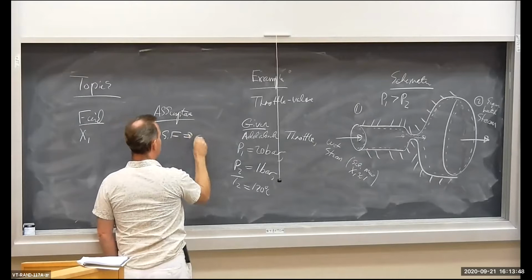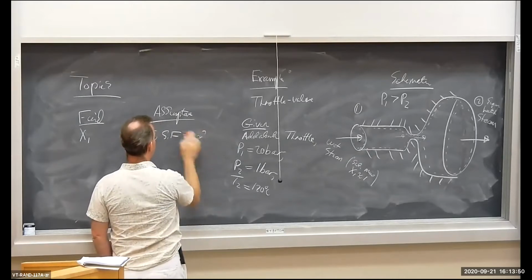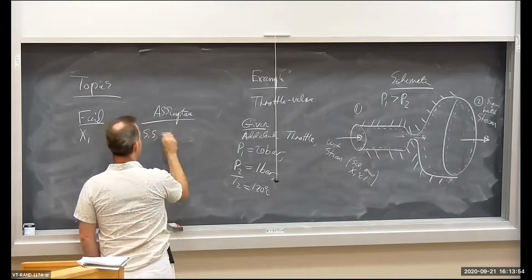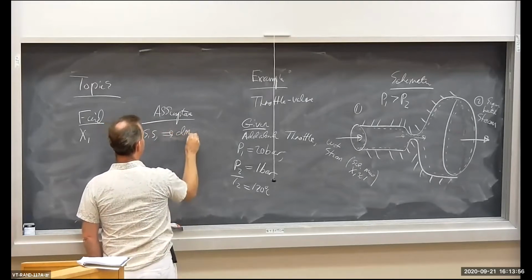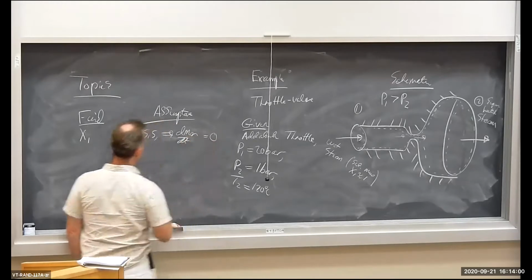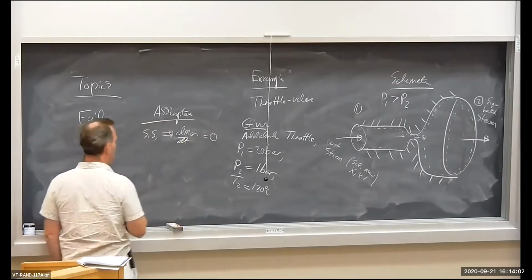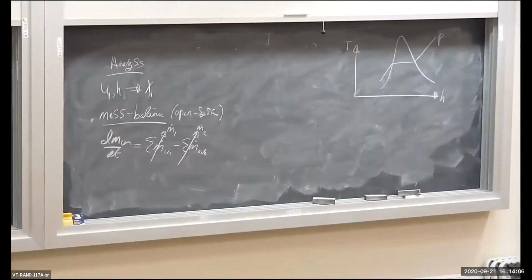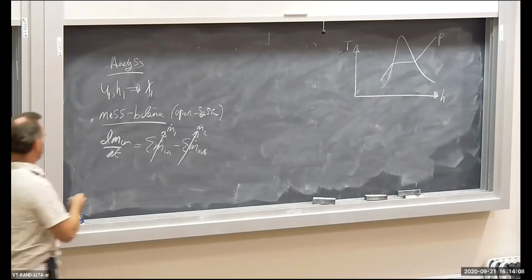So steady state implies dm_CV/dt is equal to 0. No change in mass within the control volume. So I can set this to 0.